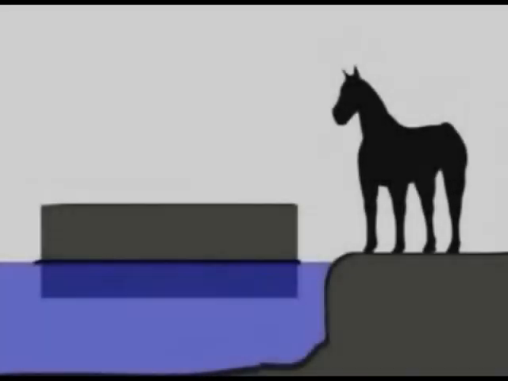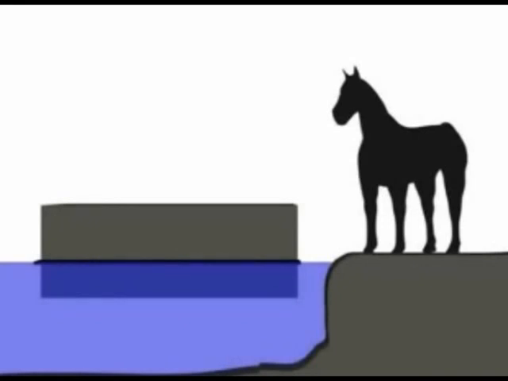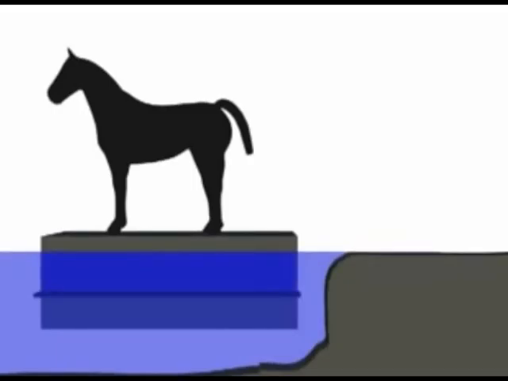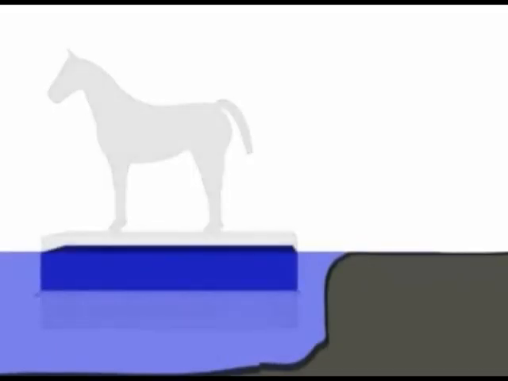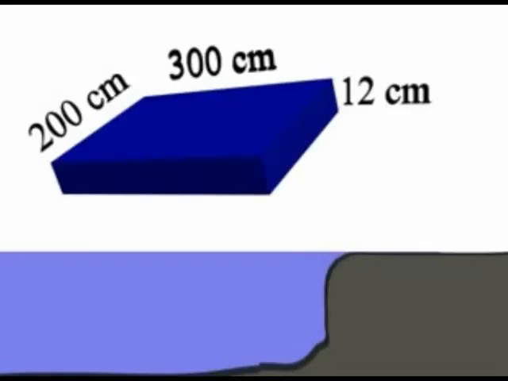The block, before the horse jumps, is sunk to this level. It has displaced water equal to its own weight. When the horse jumps on, it sinks further. The water displaced by the weight of the horse is a rectangular prism, 300 centimeters by 200 centimeters by 12 centimeters.